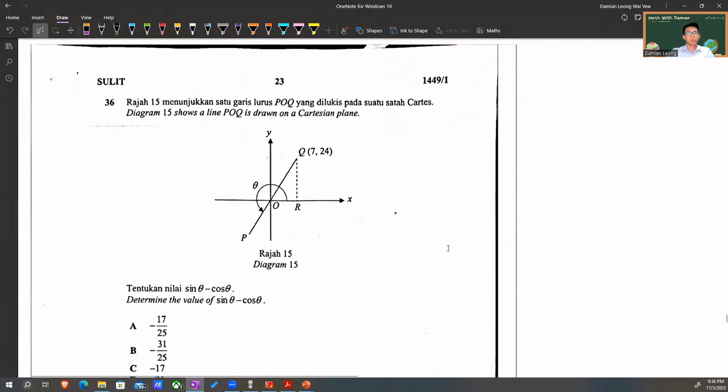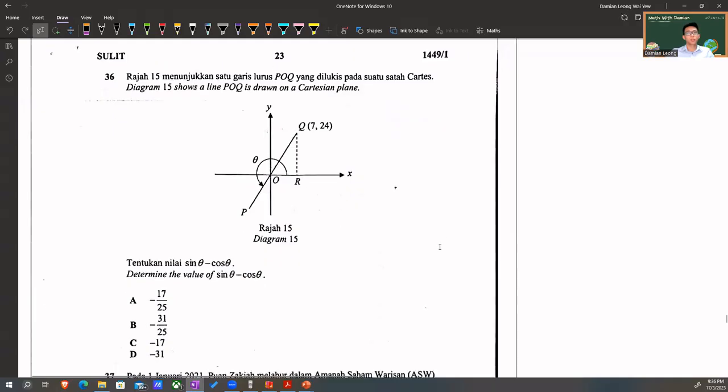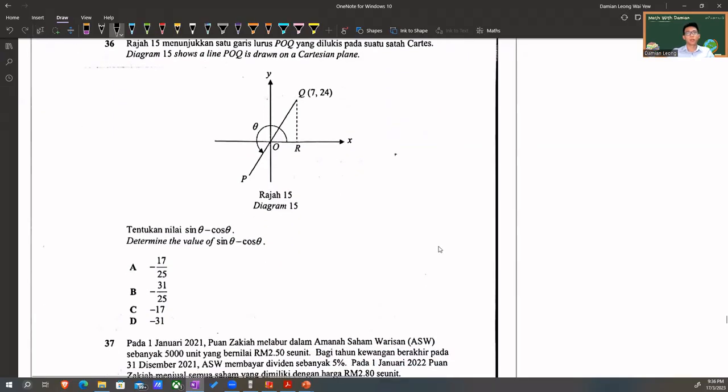Question 36. Determine the values of sine theta minus cos theta. So this is a straight line.